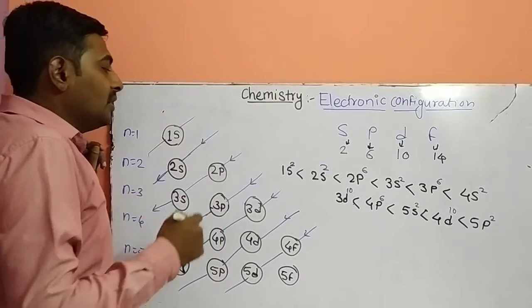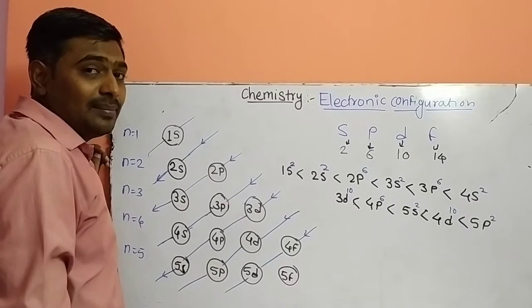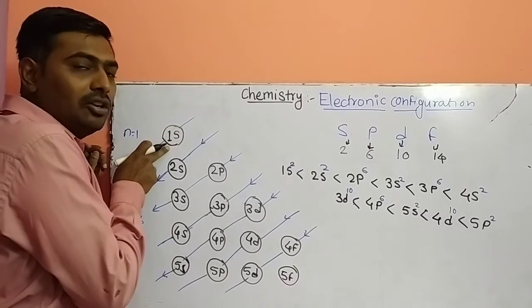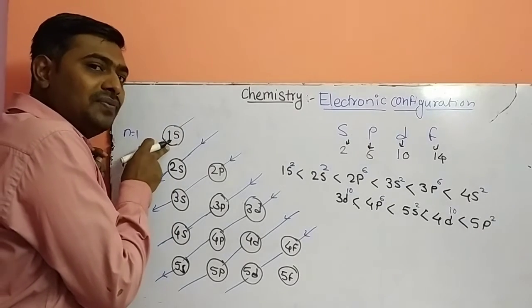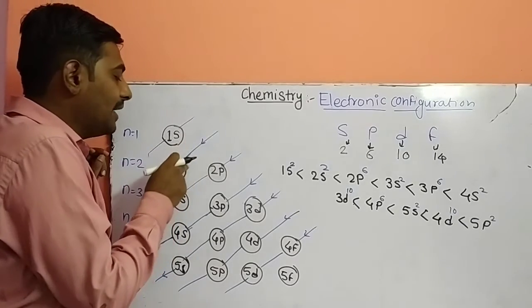Electrons enter the lower orbital first. This is the statement of the Aufbau rule. When the lower orbital is filled, then electrons enter the higher orbital.